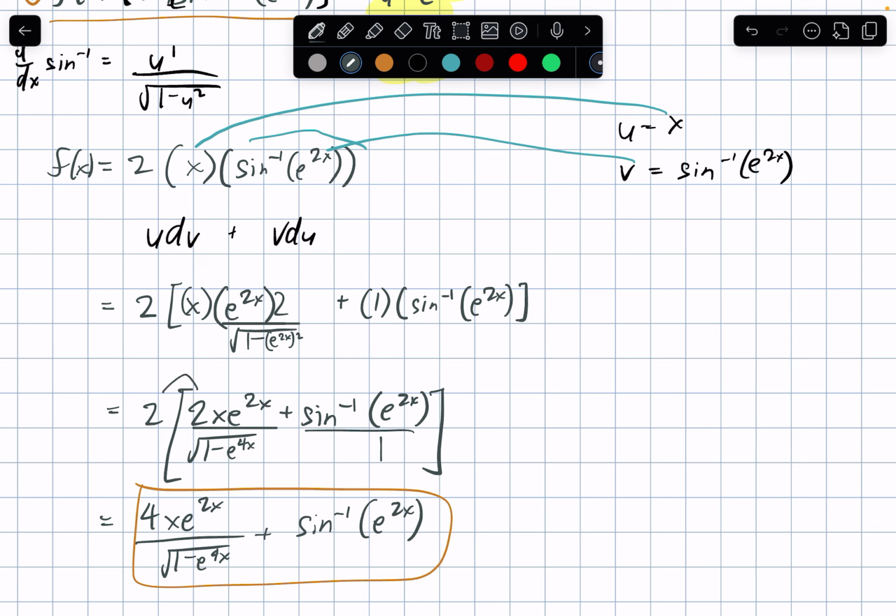Wait. So distributive property. So okay, this is the final answer.